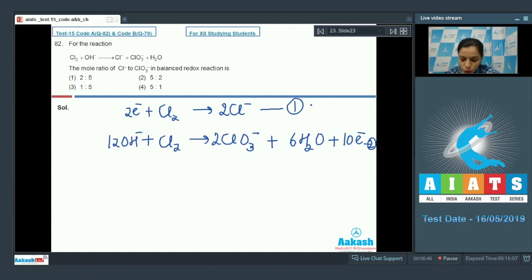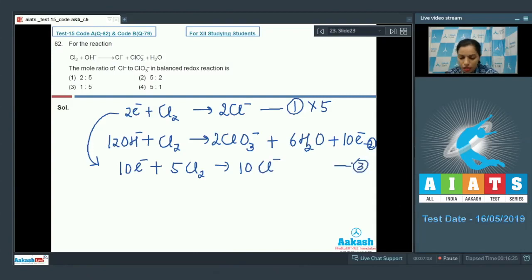To make them equal, we need to multiply equation 1 by 5, and now equation 1 can be rewritten as 10 electrons plus 5 Cl2 giving you 10 Cl negative. This becomes equation 3, and now just add equations 2 and 3; the electrons get cancelled.